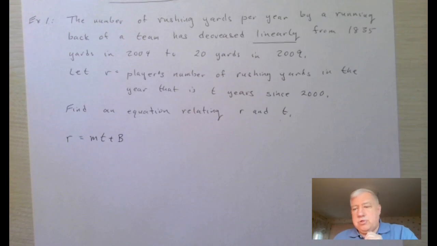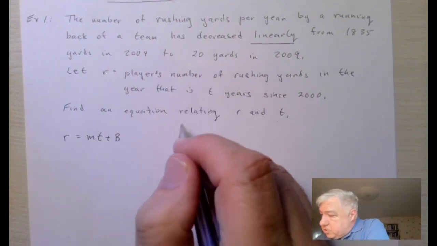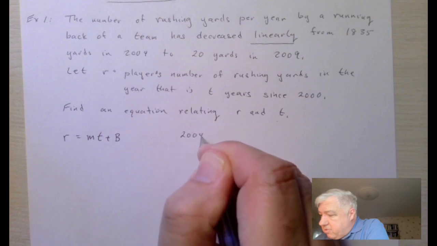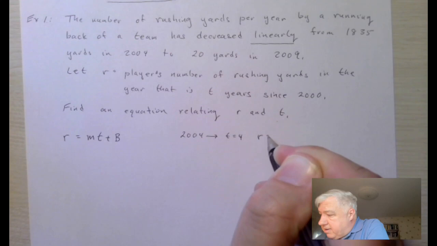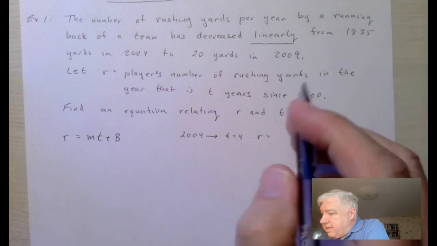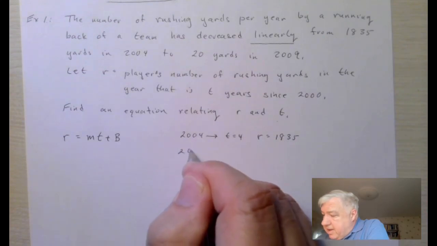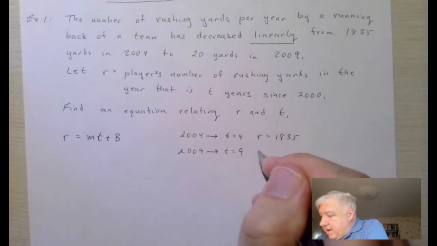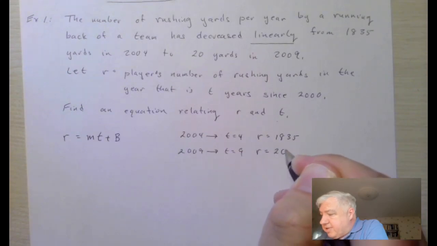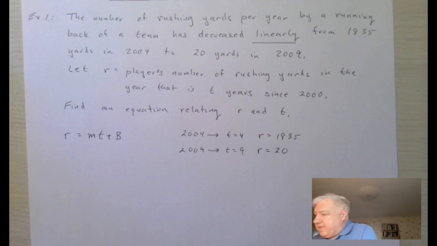We're given 2 pieces of data. 2004 corresponds to T equals 4, and R is equal to 1835. 2009 corresponds to T equals 9, and for that year R is 20. Now this really corresponds to 2 points.